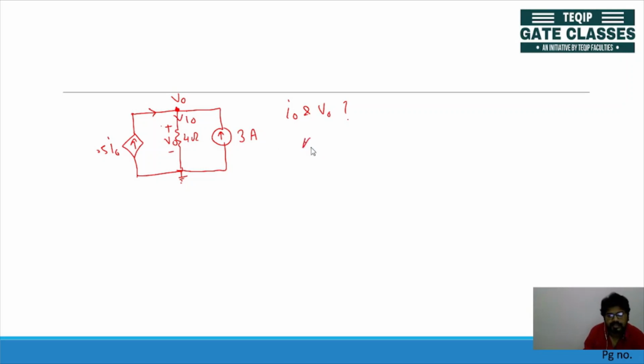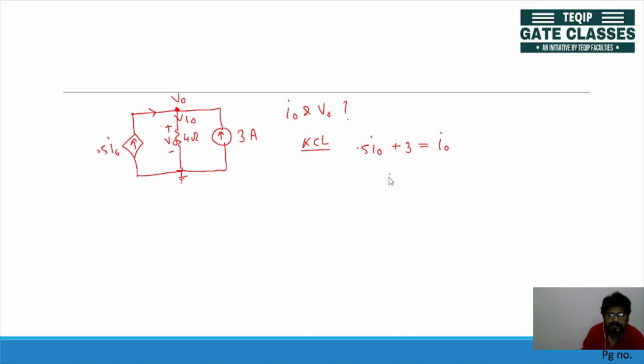So by KCL, Kirchhoff's current law, the sum of currents entering, that is 0.5 I0 plus 3, is equal to the current leaving, that is I0.